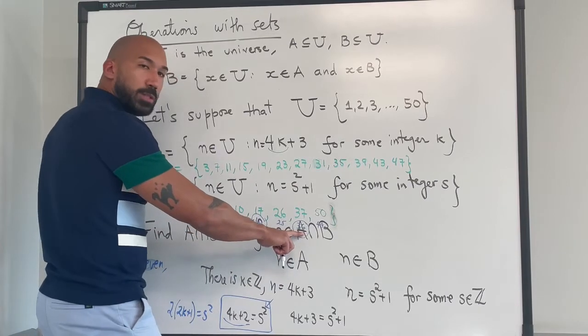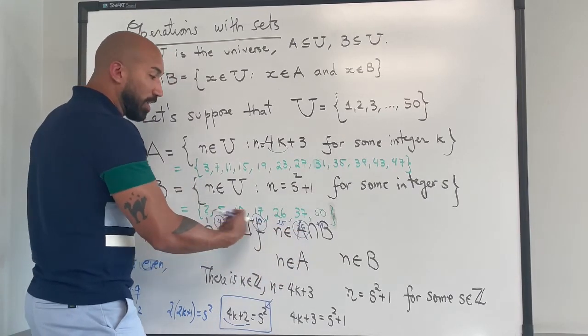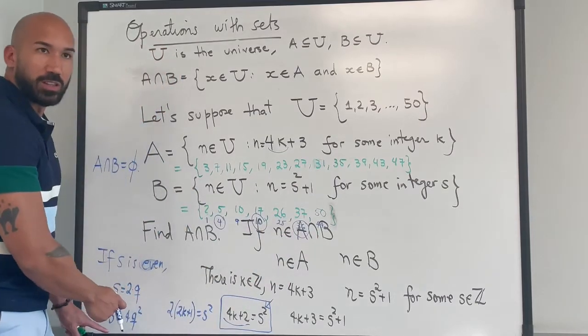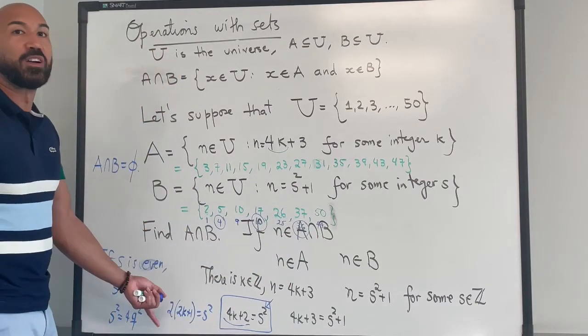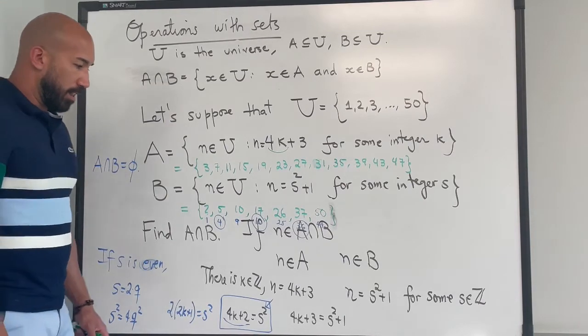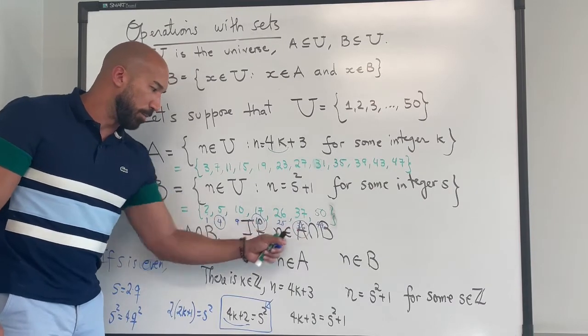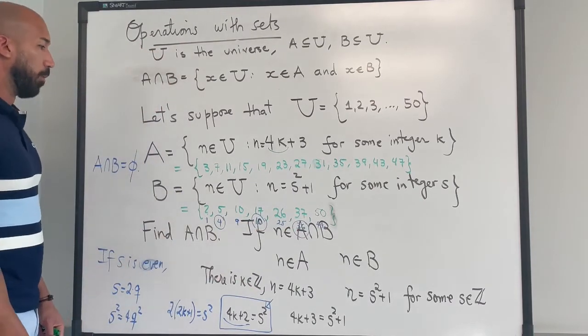And 36 is divisible by 4, because it's 4 times 9. So you see, this is exactly what we said here. The perfect squares are not only even, these even perfect squares are also multiples of 4.